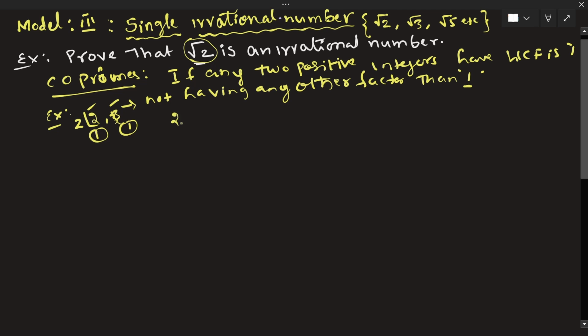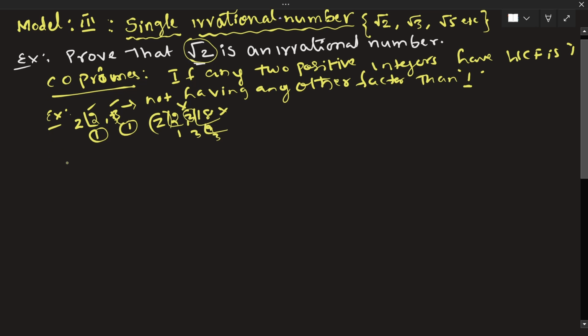When you take 2 and 18, 2 is 2 once and 18 is 2 times 3 times 3. Here 2 is also a common factor, so we can say that 2 and 18 are not co-primes. We use this co-primes definition to prove that the given single irrational number is an irrational number, students.